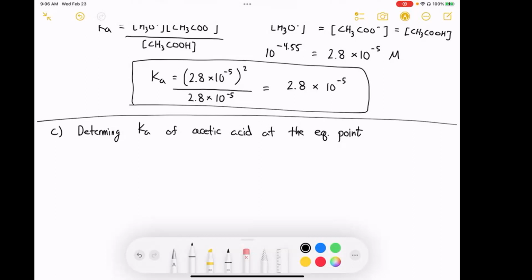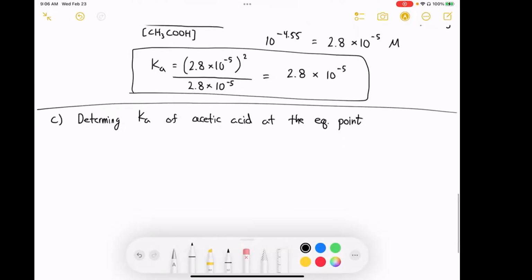Okay. So for the last part of the data analysis here, we had to do a little more calculation. So at the equivalence point, we know that the moles of base equals moles of acid. So in our equation, we added enough.